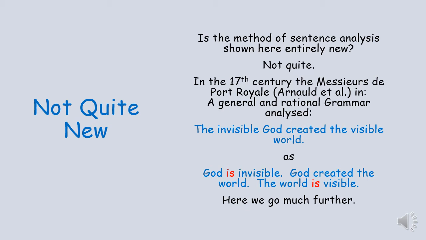In the 17th century, the Messieurs de Port-Royal, Arnaud and others, in their publication A General and Rational Grammar, analysed the sentence, "The invisible God created the visible world," and analysed it as, God is invisible, God created the world, world is visible. Clearly here in these lectures we go rather further than these principles.